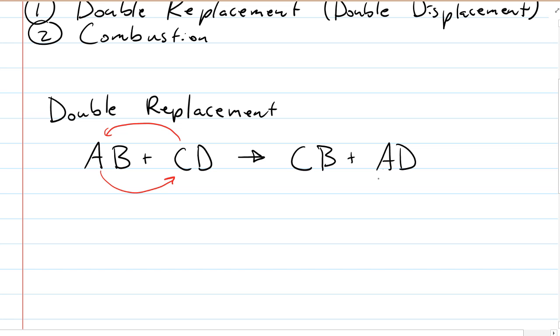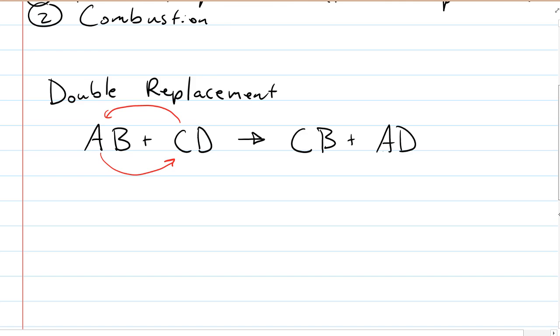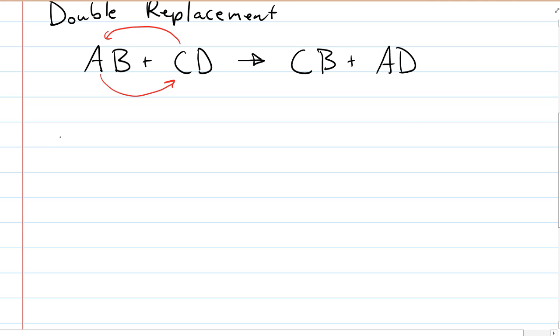And I'm going to start here with a demonstration. In fact, I have several that we're going to demonstrate here today. And we're going to start with this reaction. I have a couple substances. They are calcium chloride and the other one is sodium carbonate.